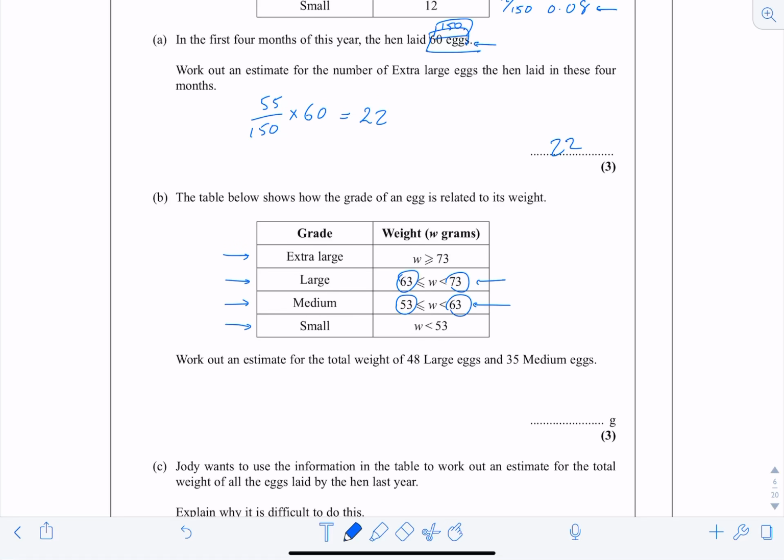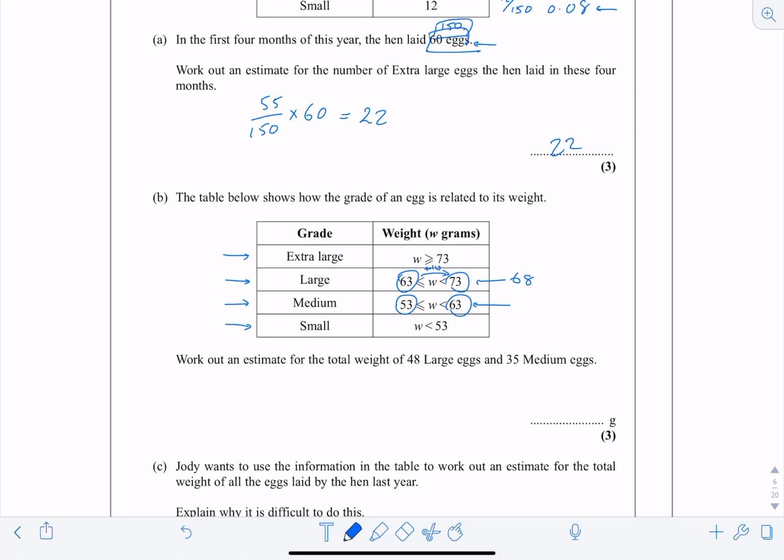We don't know exactly how heavy they are, but what we can do is, if you had to choose one number to represent these large eggs, I would choose halfway between the two. I can work that out because 63 to 73 is plus 10, so if I want halfway, I'm just going to add 5. So 63 plus 5 is 68.